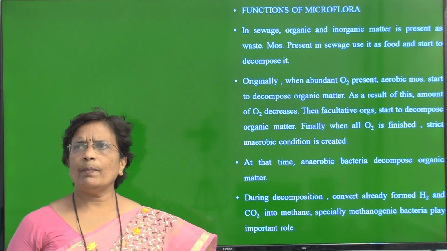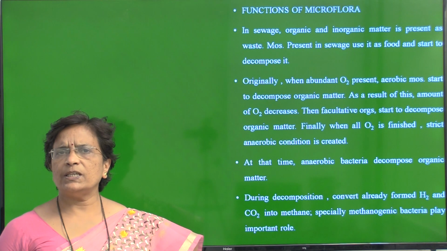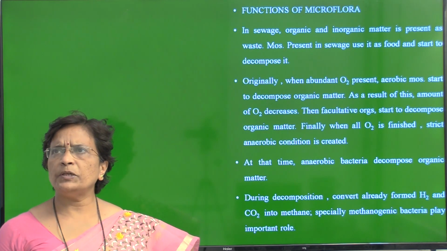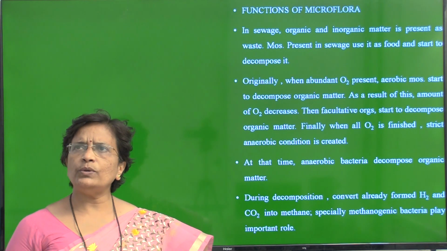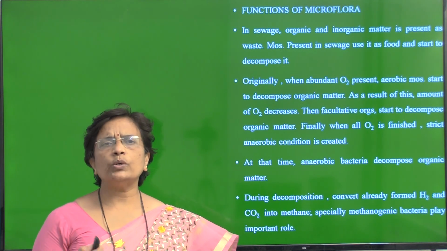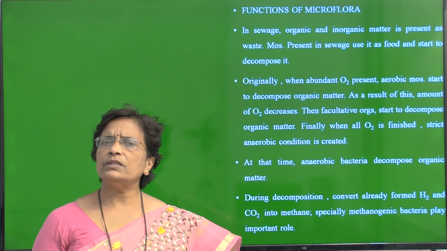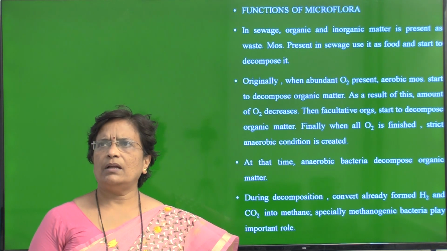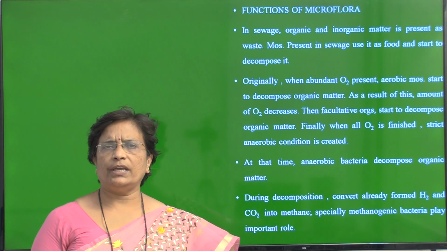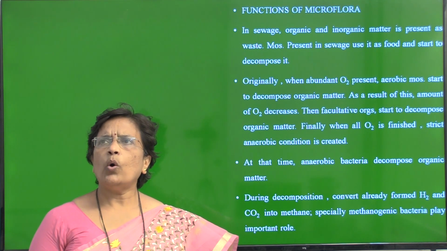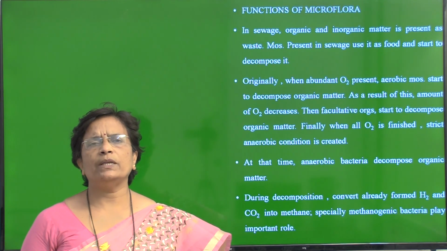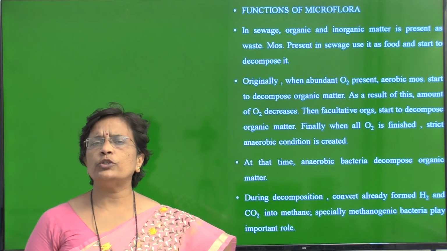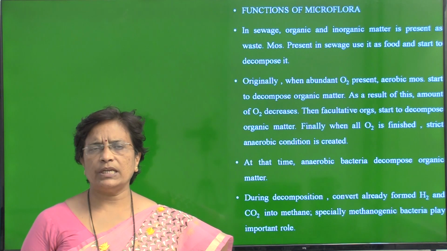At that time, facultative organisms start to decompose the organic material and they utilize the remaining oxygen for this decomposition. After a few days, a condition is created where all the oxygen present in the water body is totally finished, totally exhausted.